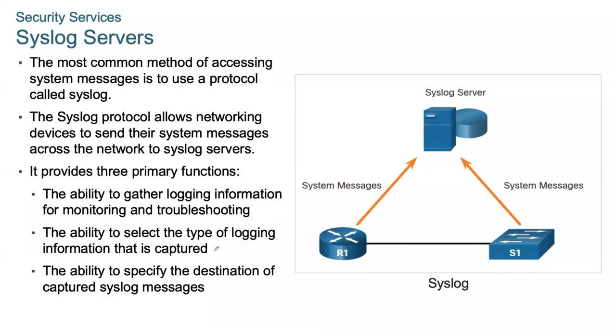And the third is the ability to specify the destination of your captured Syslog messages. Getting these Syslog messages for analyzing purposes is another administrative duty which uses this network security service. So this is another important service.